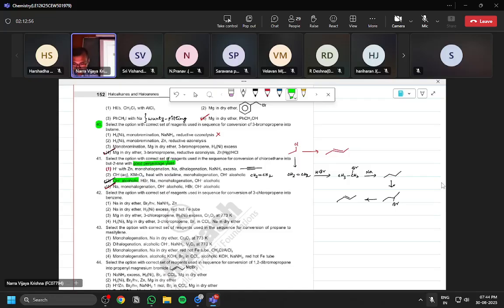Good yield. See here. As carbon chain length increases, what happens to the percentage yield of the reaction? It decreases. Here, in which step are you doing that reaction? In the first step only. Both are the same.